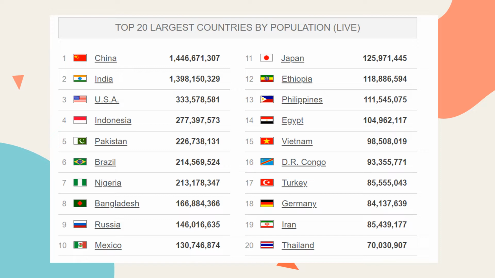However, a slow growth rate was noted in the 21st century, which is about 1.05 per year, based on worldometers.info. Here we have the top 20 largest countries by population as of October 25, 2021.